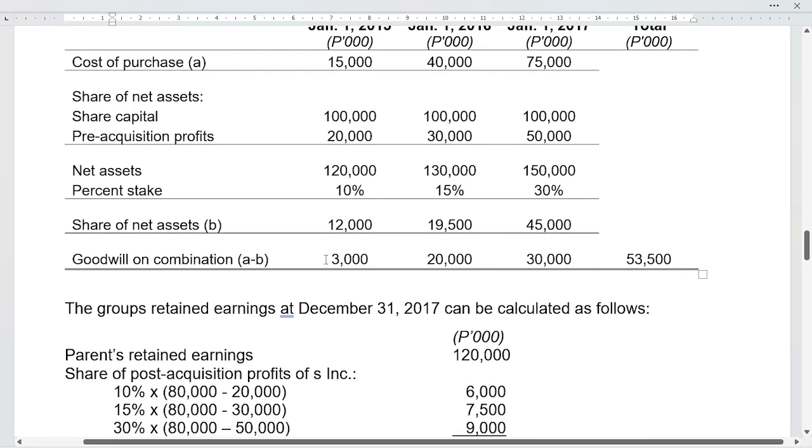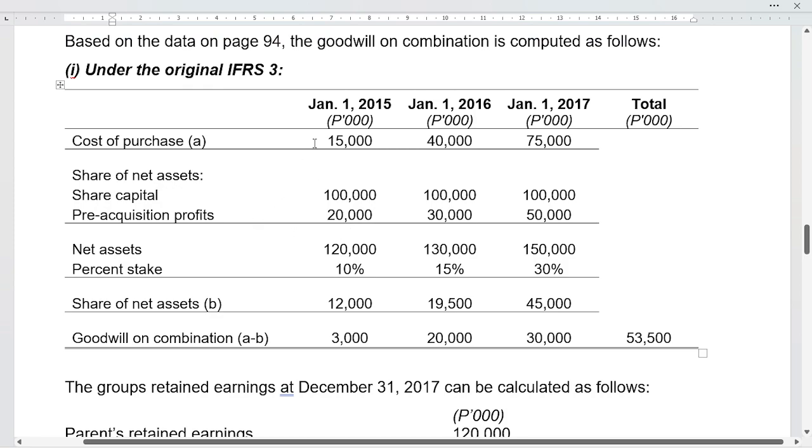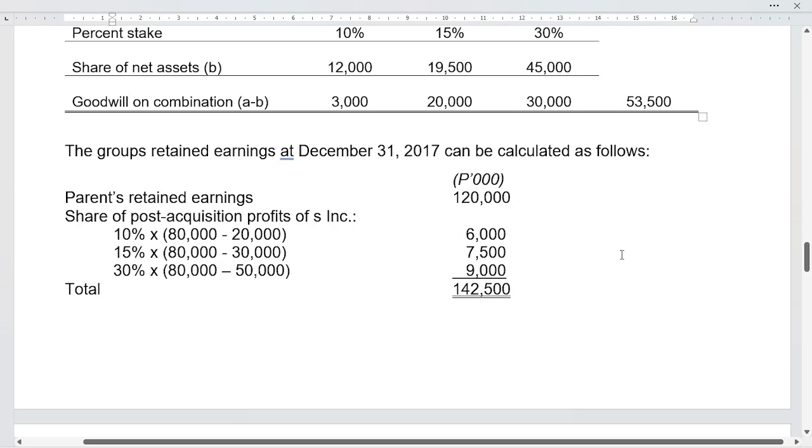To get the goodwill on combination, notice that there is a letter A and letter B, because this is under the original IFRS, which I mentioned earlier. 15,000 minus 12,000 gives 3,000 goodwill on combination. 40,000 minus 19,500, correction, this should be 20,500. 75,000 minus 45,000 is 30,000, to get the total goodwill on combination of 53,500.